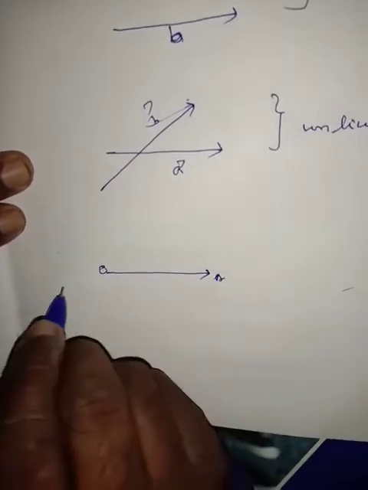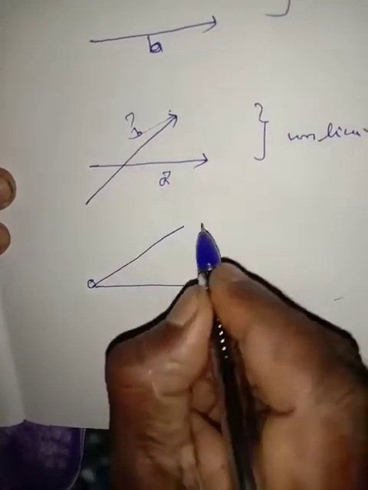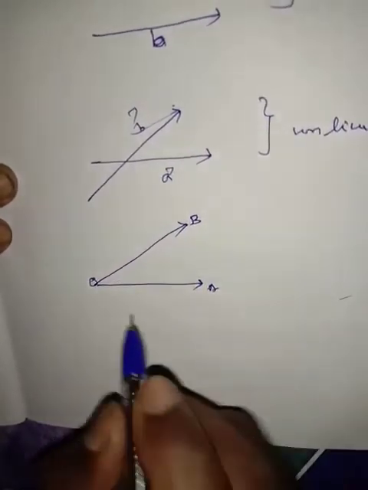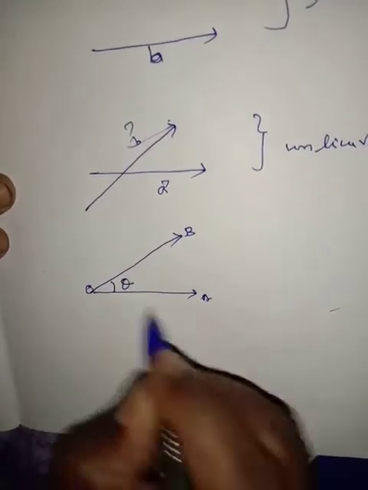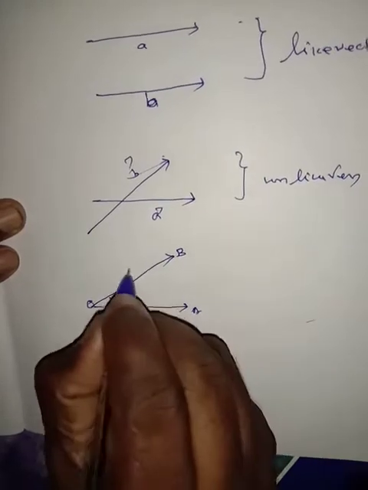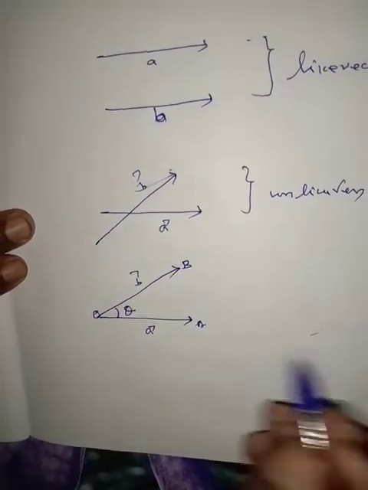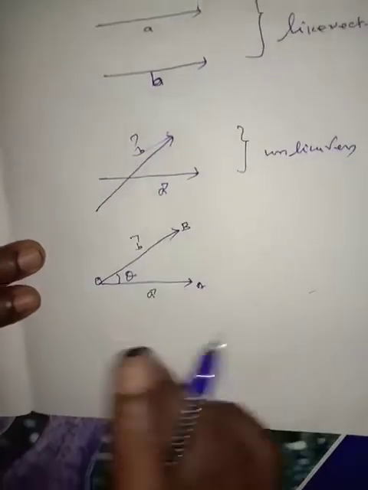Like vectors: the two vectors start from the point O. OA is a single vector, OB is another single vector. The angle between these two vectors, let us take theta, cos theta is equal to A vector dot B vector divided by the magnitude of A vector and the magnitude of B vector.